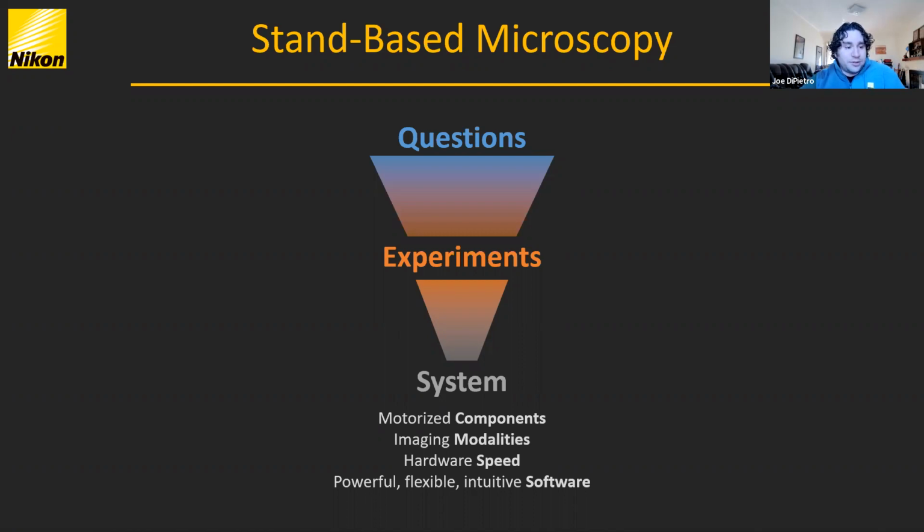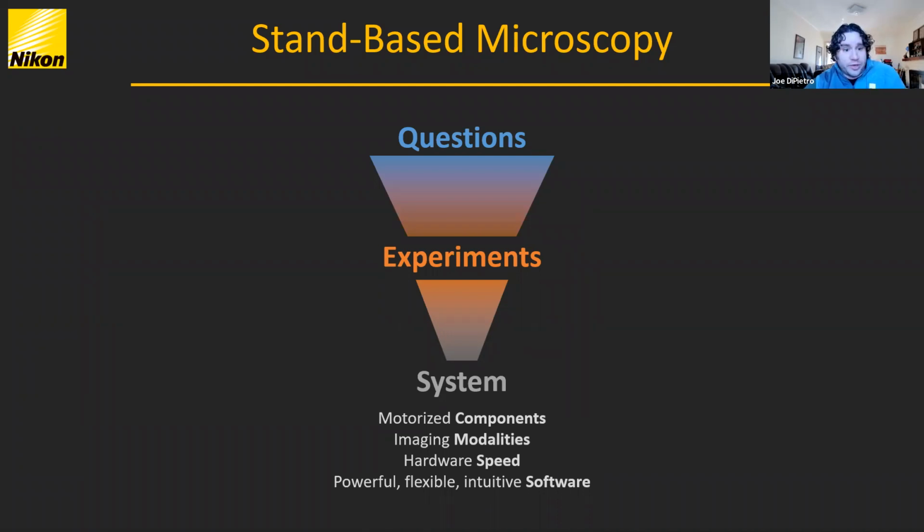And of course, in order to be able to interact with all these things, you need a powerful, flexible software that allows you to utilize these things to the extent that you need to. NIS-Elements offers all of these things. And so our microscopes also have all of these different types of modalities for you to choose from.